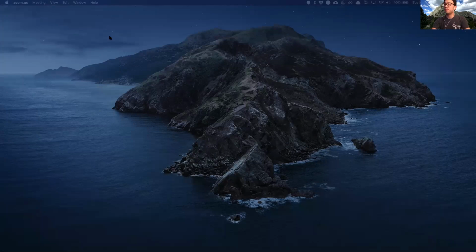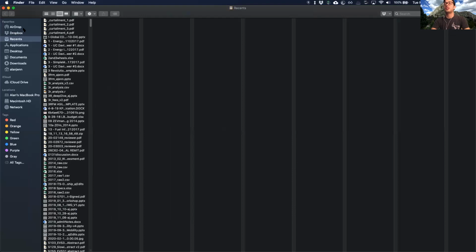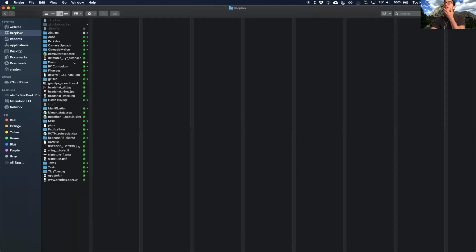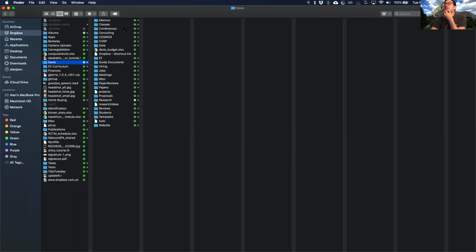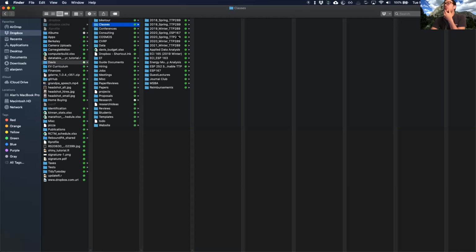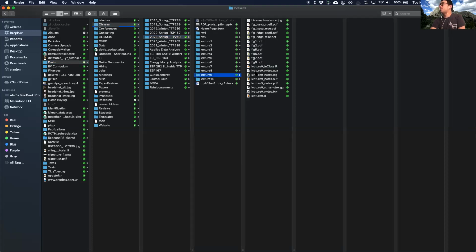Let me pull an example up so you can see, because it's difficult to take notes and follow along at the same time with some of the coding materials.